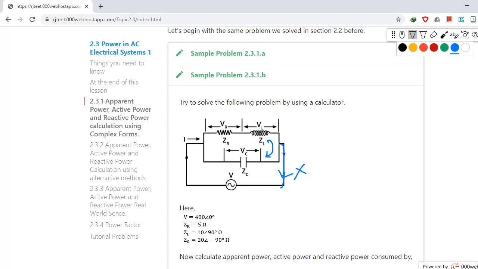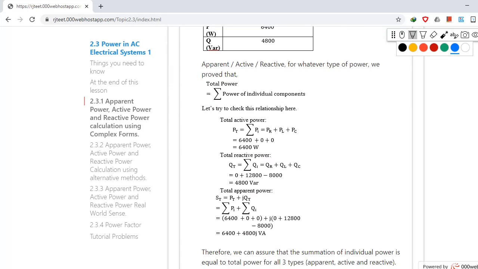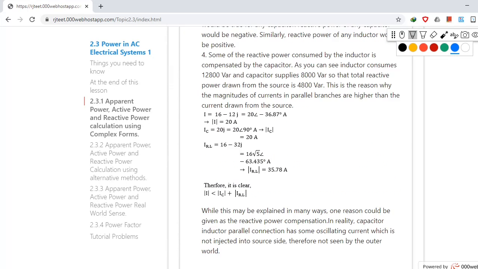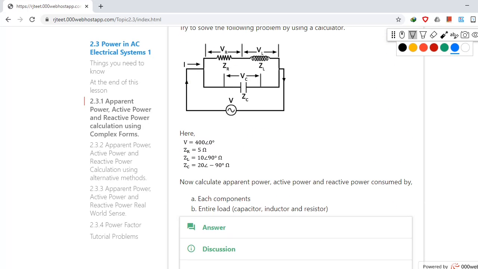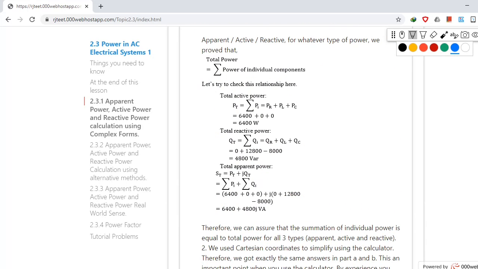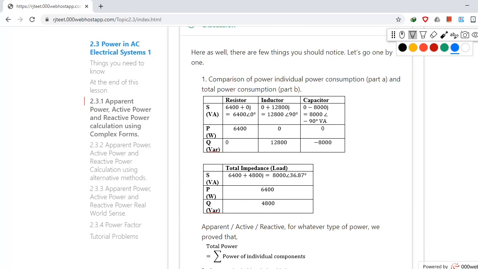This current is not going to the source side, but instead it is oscillating between the inductor and the capacitor here. So that's why these currents are higher than the current drawn from the source, right? So I hope the idea is clear now. Right, so this is the end of the first part about apparent power, active power and reactive power, and I hope you got a clear idea.